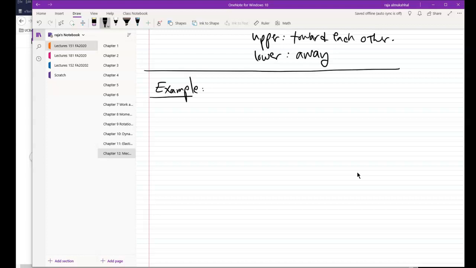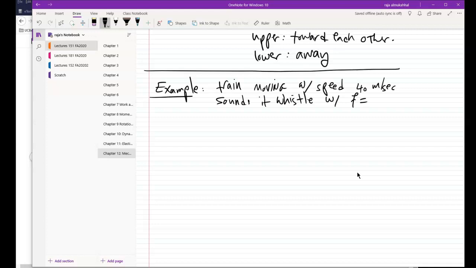It says a train moving with a speed of 40 meters per second sounds its whistle with a frequency equal to 500 hertz. Okay?